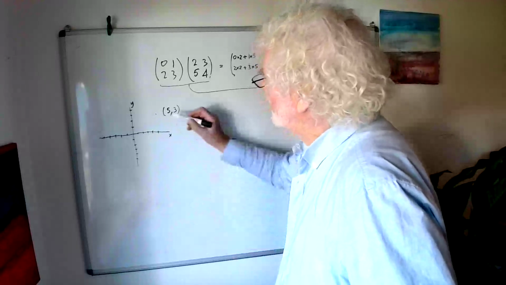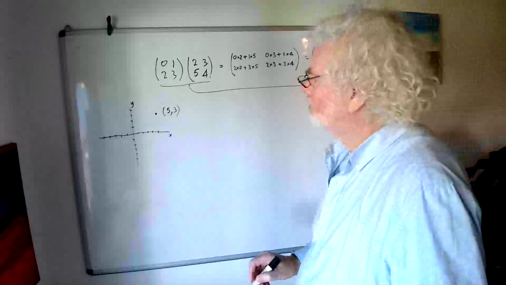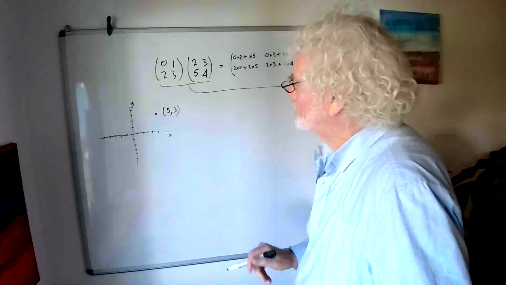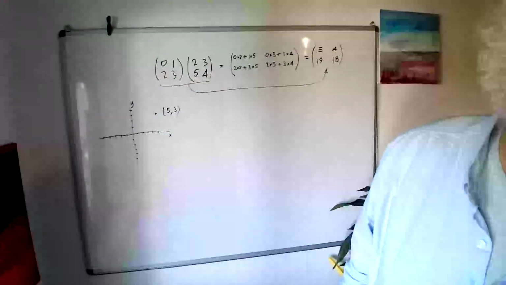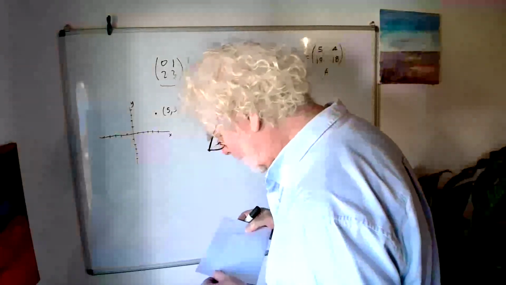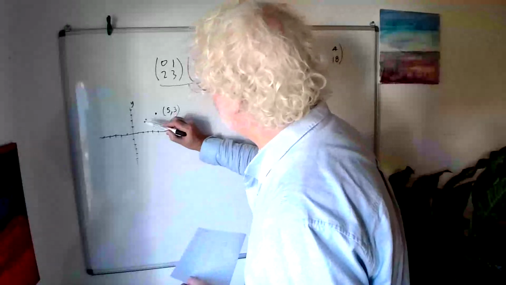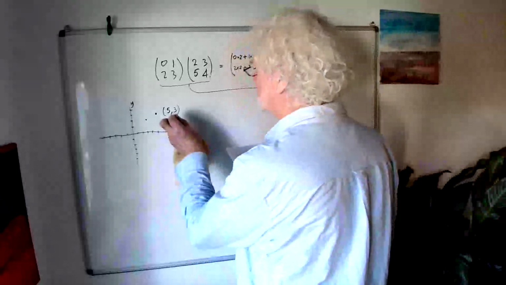And we can, what's known as, transform this point. I'm going to make it a bit easier for myself here. I'm going to choose this point instead, right? Because I've already done that as preparation.